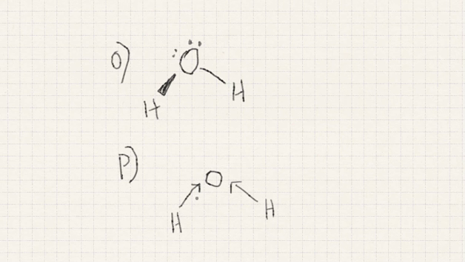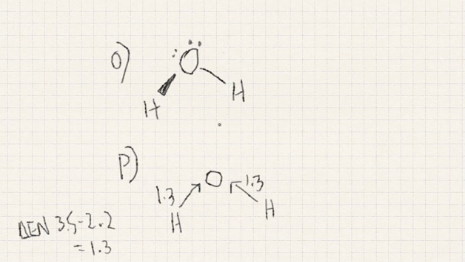So what's the electronegativity difference? 3.5 minus 2.2 equals 1.3. The change in electronegativity. So each of these dipoles is 1.3. Again, remember that the arrowhead points towards the more electronegative atom.